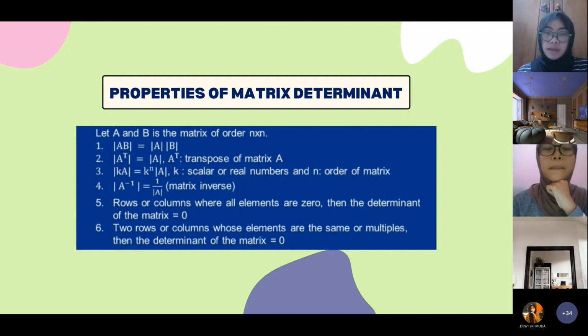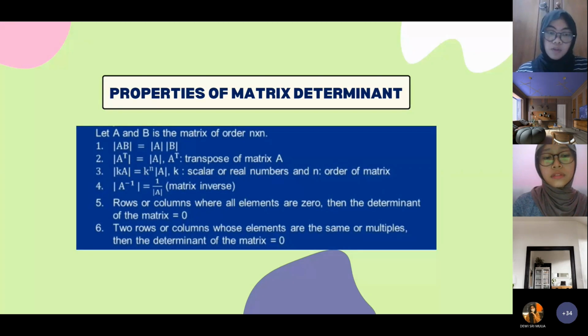The properties of matrix determinant. Let A and B be matrices of order n by n. 1. Determinant of matrix AB is equal to determinant of matrix A multiplied by determinant of matrix B. 2.